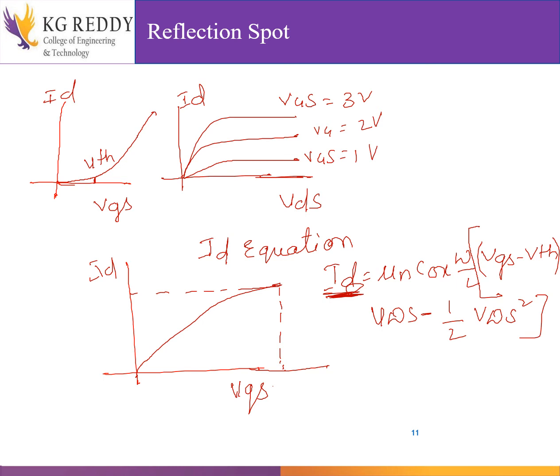I have plotted the ID-VGS characteristics here, so where is this equation actually suitable in this plot? I'll give you 60 seconds, think of it, and then we'll be back.